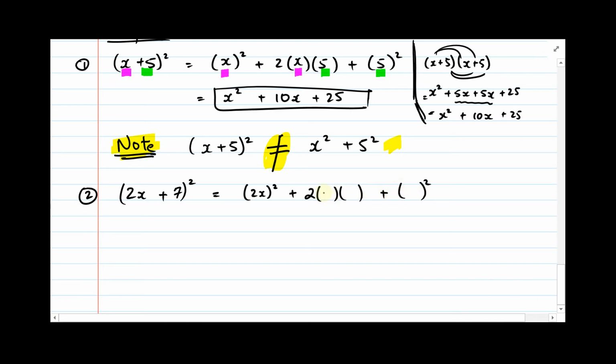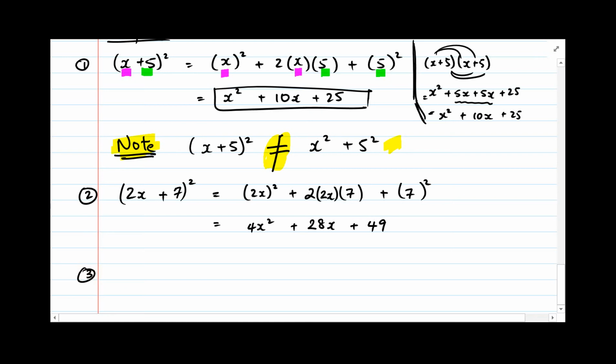Take your time, fill them in. First term was 2x, the last term is 7, so last term is 7 squared. Expand, get rid of all the brackets: 4x squared. 2 times 2 is 4, 4 times 7 is 28, so 28x plus 49. So that would be your final answer.